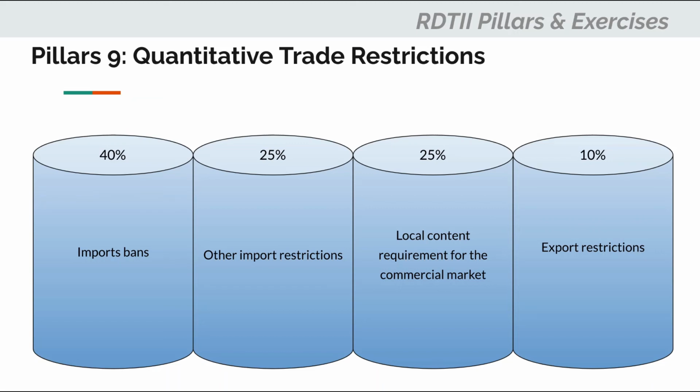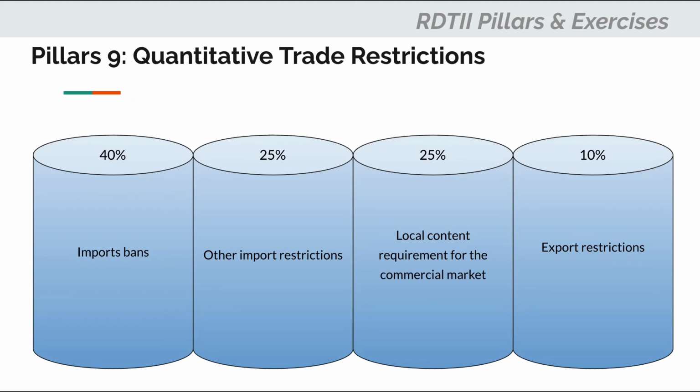The second and third subpillars on other import restrictions and local content requirements receive a lesser weight of 25%, because these measures limit the flows of ICT goods and online services, and discriminate against foreign business. In particular, other import restrictions hinder trade facilitation by imposing additional import procedures.